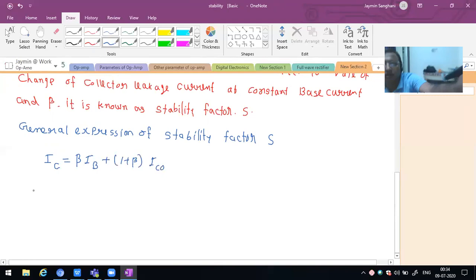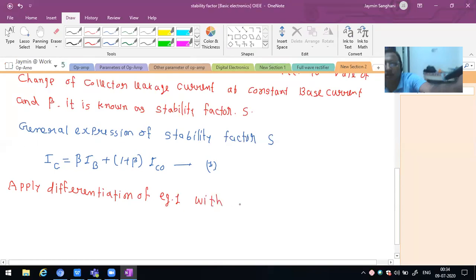Now apply the concept of differentiation to equation 1 with respect to IC.